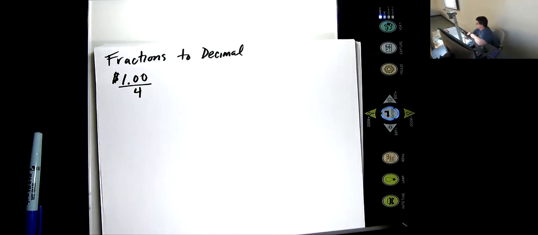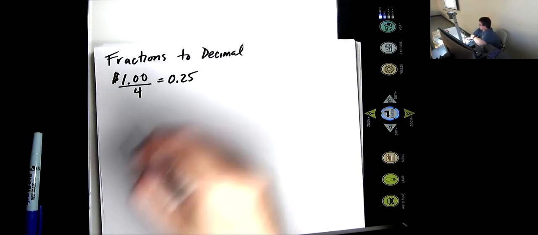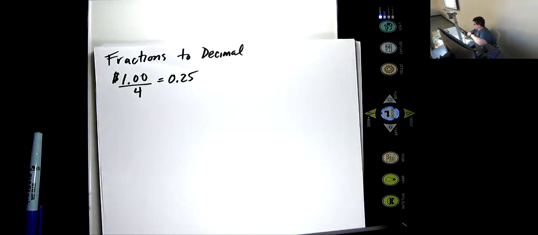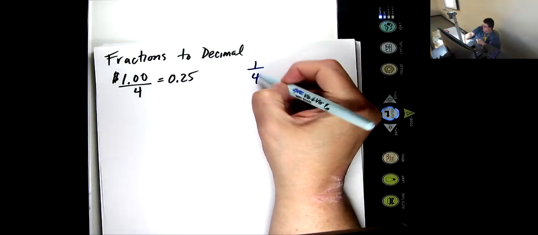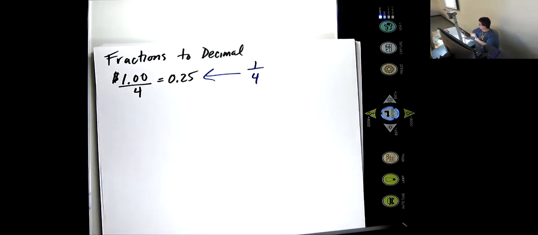I'll help you out, I'll put a dollar sign there. It's 25 cents, which is 0.25. I didn't need the decimals. I could have just said that's 1/4 as well. The 0.00 isn't doing anything here.